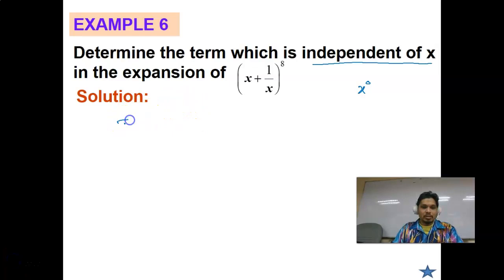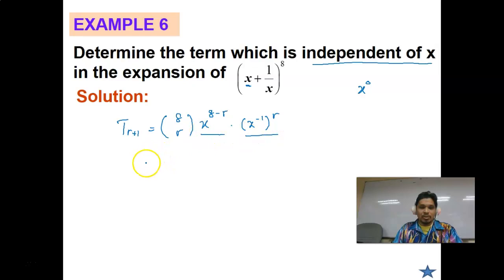so we look at T(r+1), which is 8Cr, and look at the first one here, which is x to the power of 8 minus r, and 1 over x is x to the power of negative 1 to the power of r. So we are now focusing on these two: x to the power of 8 minus r multiplied with x to the power of negative r equal to x to the power of 0.